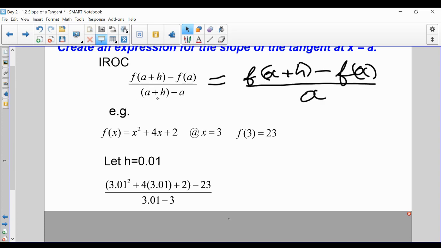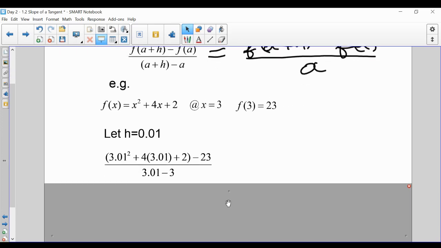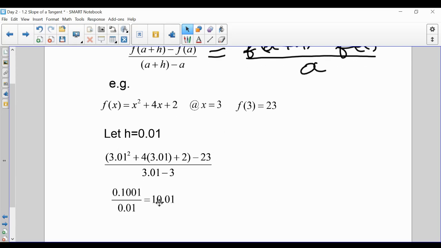Because if you take a plus h and then you minus the a from it, it's just going to be leaving you with h. Right? So that's really what's always happening with this. So at the end of the day, this calculation works out to be 10.01. You don't have to go through all of the steps with this. I just want to make sure you remember this from last semester, last quadmester, when you did your advanced functions.